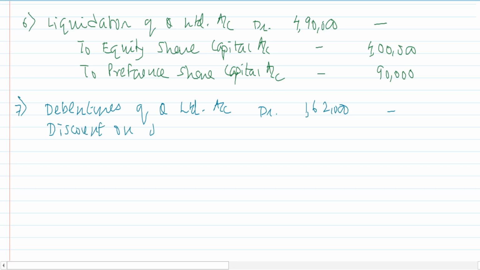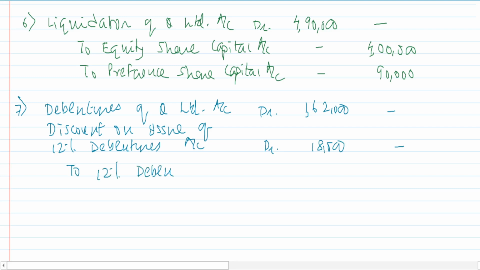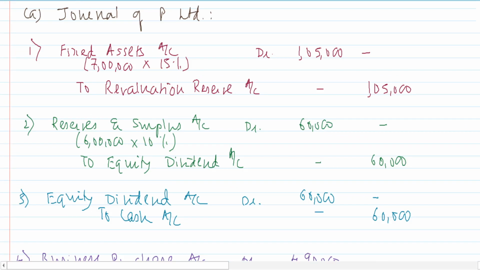Discount on issue of 12% debentures account debit 18,000 to 12% debentures account, right? We are issuing our new debentures 1,80,000. This we will record with the settlement value.